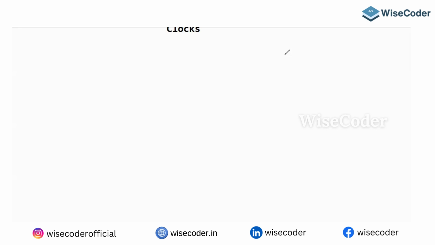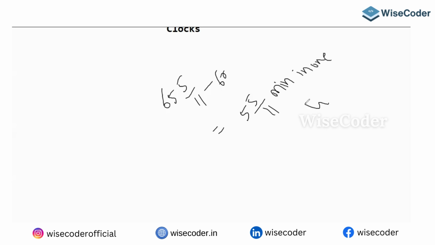So the minute hand gains 65 5 by 11 minus 60, which means 5 by 11 minutes in 1 hour. And we need to solve one more question.